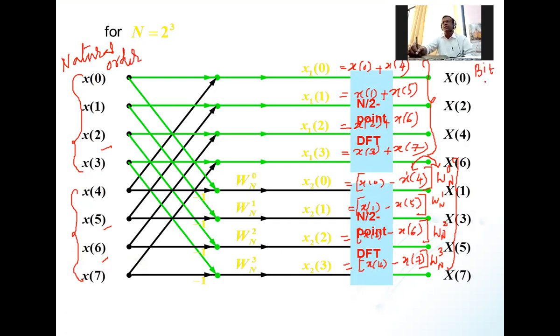That is the difference in the calculation of DIT and DIF: 0, 2, 4, 6, 1, 3, 5, 7.